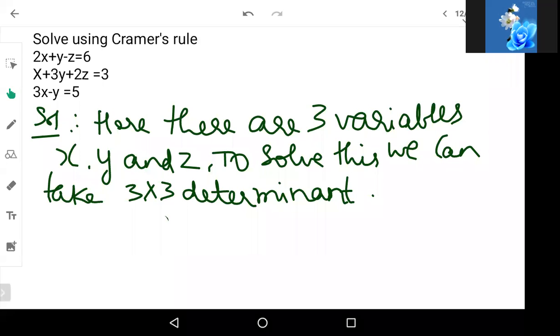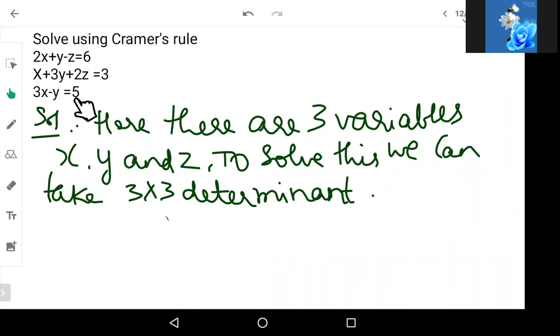Let us resolve the problem from first. See the question carefully. 2x plus y minus z is equal to 6. X plus 3y plus 2z is equal to 3. 3x minus y is equal to 5.